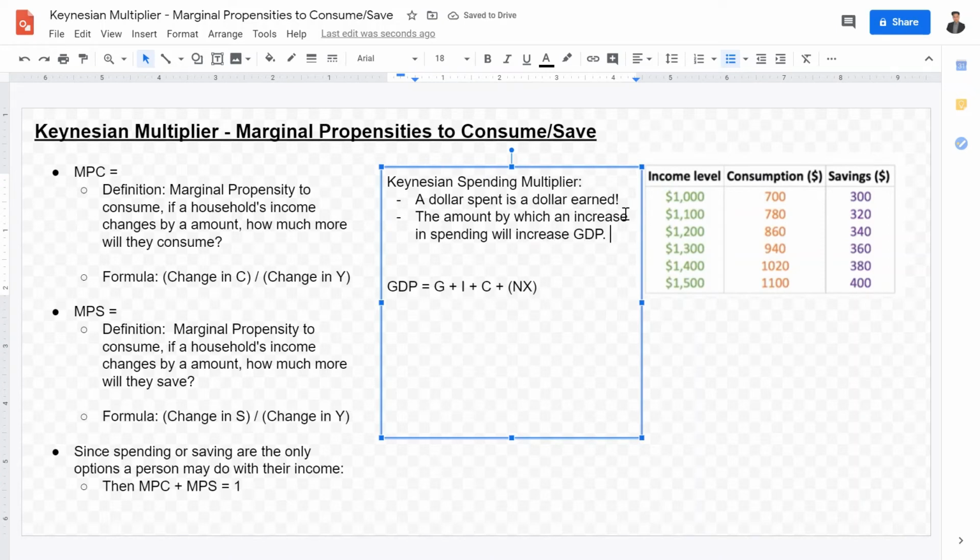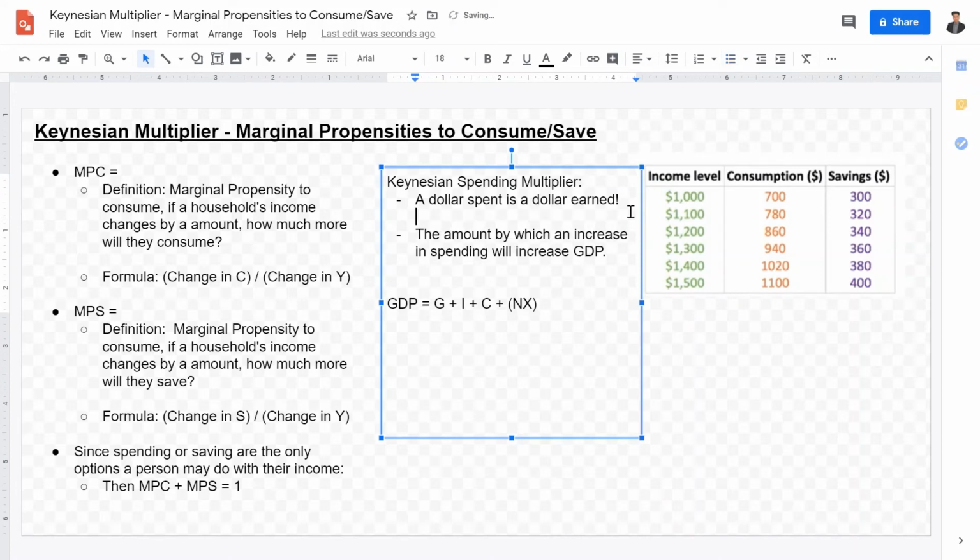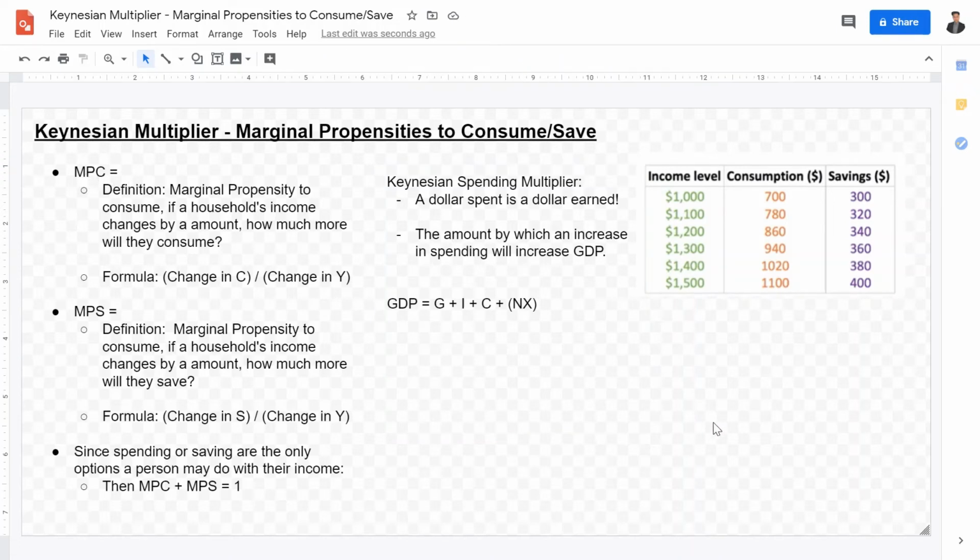It is important to take note: when the government increases its spending by $1 million, GDP does not just increase by $1 million. GDP increases by more than $1 million, because of the circular flow diagram. The money goes to a worker, who, based on their MPC, spends a portion of it, leading to greater increases in GDP.